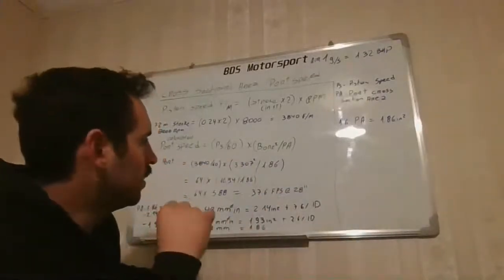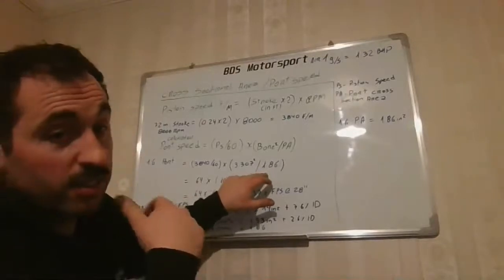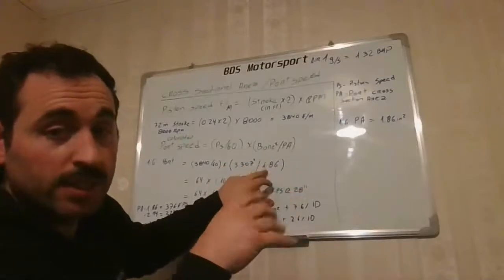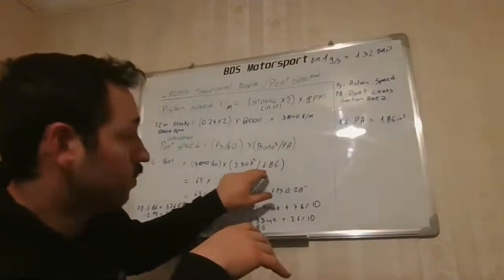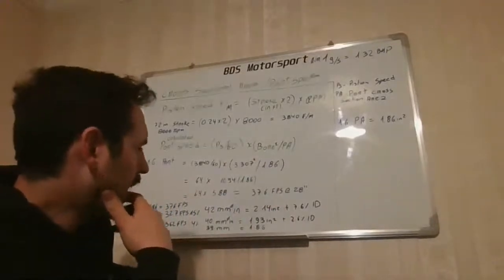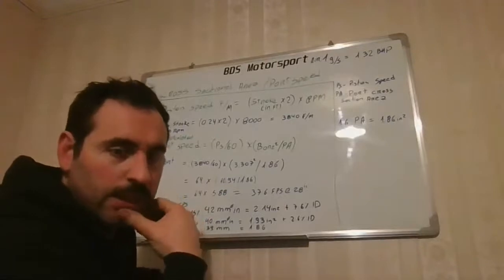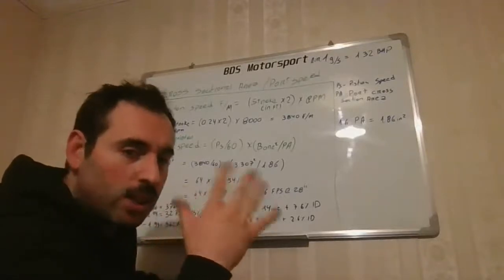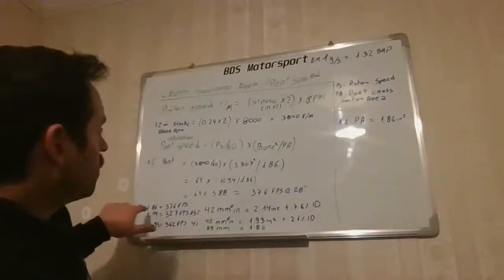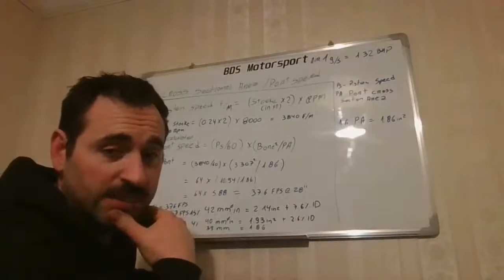We already have the port cross-sectional area. For something to work well, it has to be the same cross-sectional area. People say 42 mil or 45 mil, but it's not quite the ideal size for this. So at 1.86, we know we got 376 feet per second.